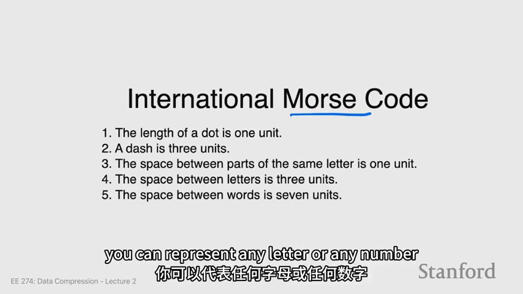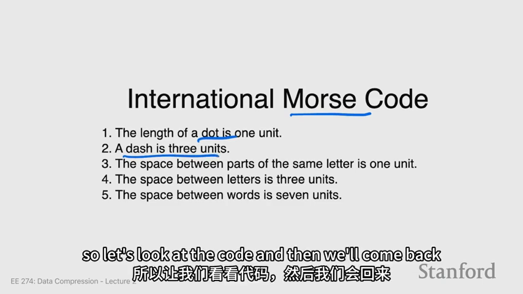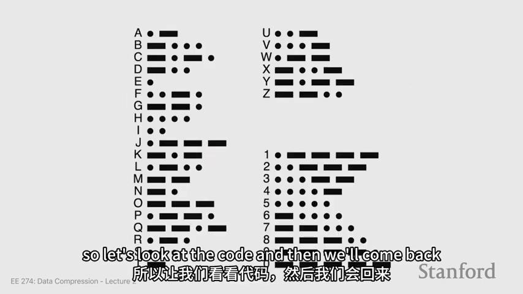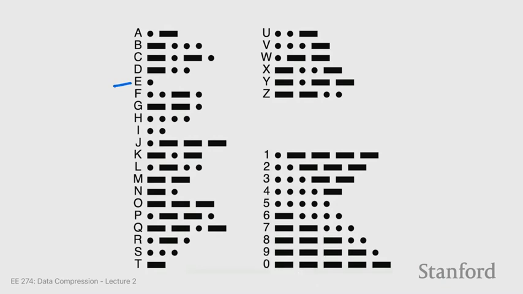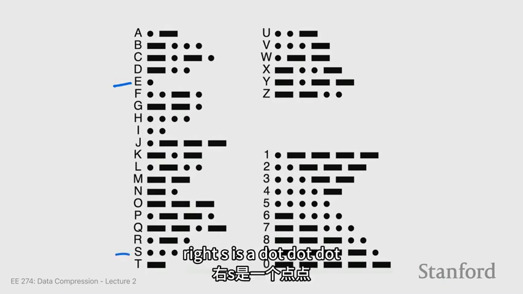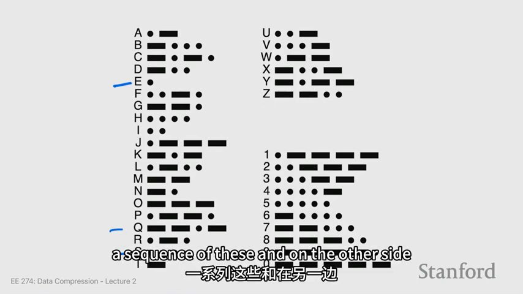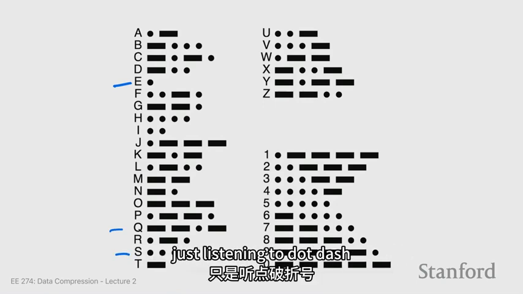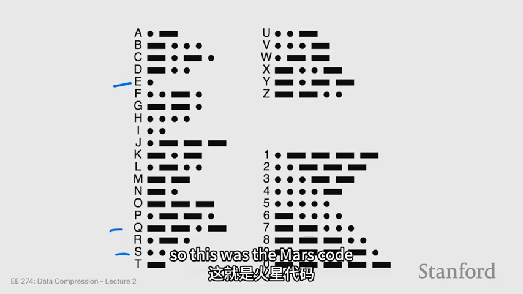You can represent any letter or any number in this code. So let's look at the code and then we'll come back. You can see this, right? Yeah. So for example, E is a dot, S is a dot, dot, dot. Q is a dash, dash, dot, dash, right? So you just send a sequence of these. And on the other side, just listening to the dots and dashes, the other person can decode it. So this was the Morse code.